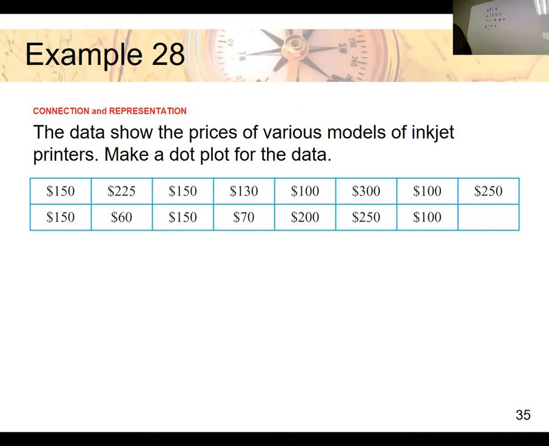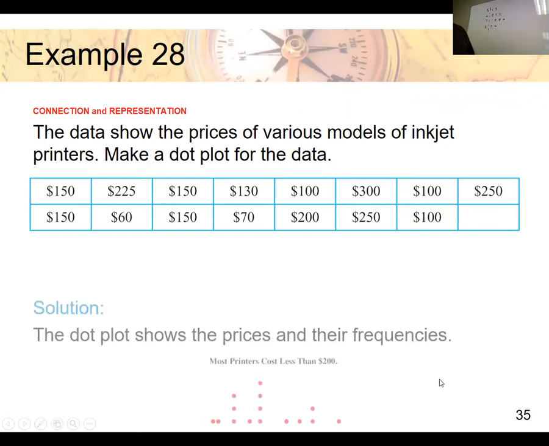So if we had something like this, the data shows the prices of various models of inkjet printers. Make a dot plot for the data. So here's the data set right here, and we want to make a dot plot for that.